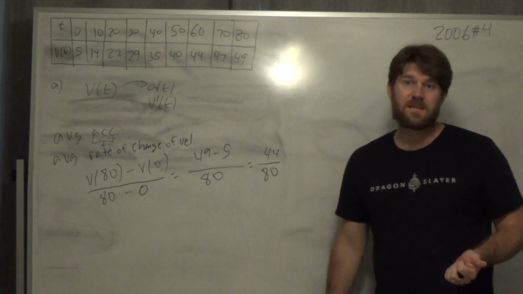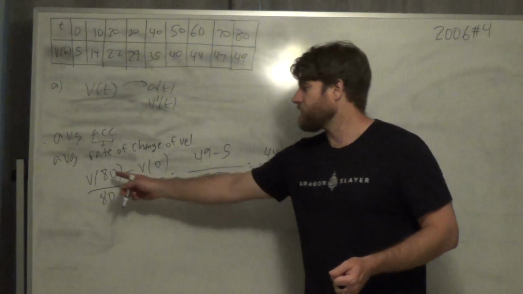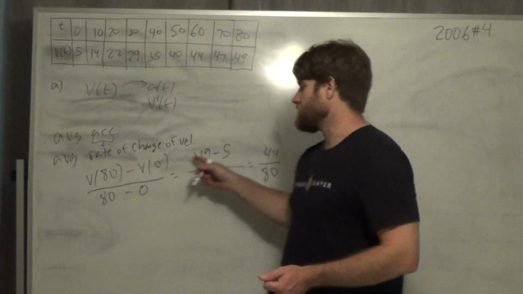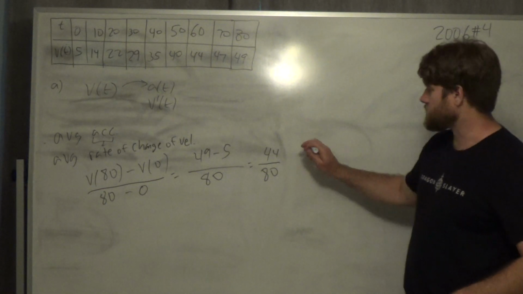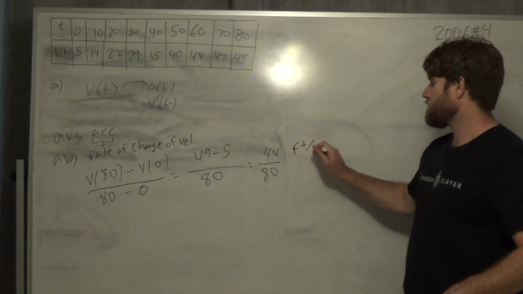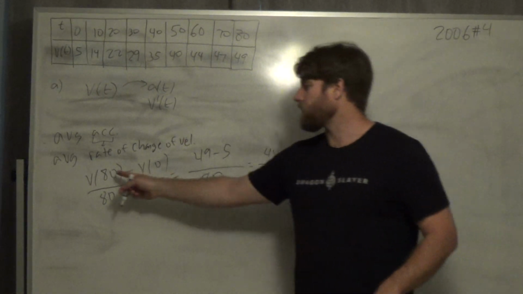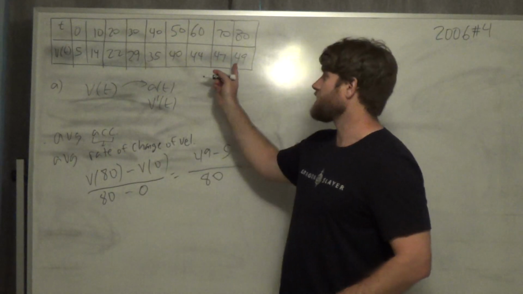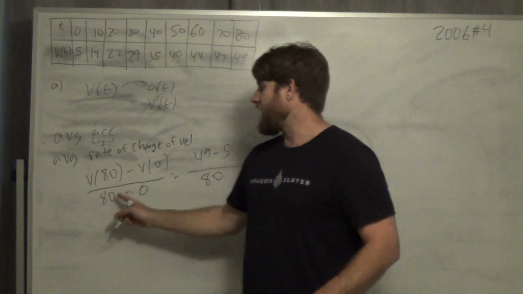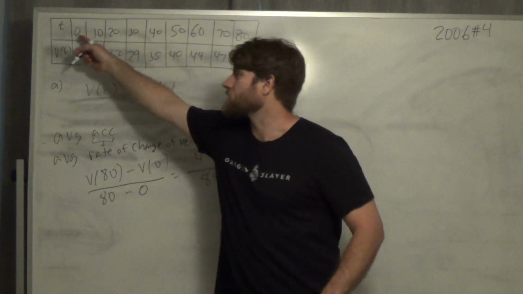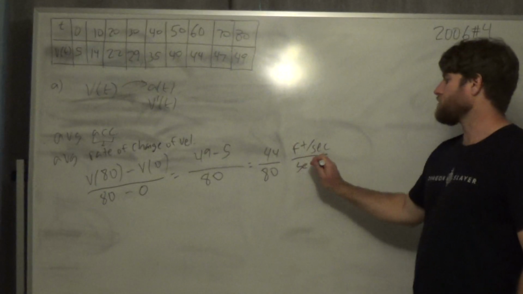They also say indicate units of measure. In this problem, velocity is in feet per second. On the top we subtracted velocity, feet per second, and on the bottom, 80 and 0 were time, seconds. So this is feet per second per second.